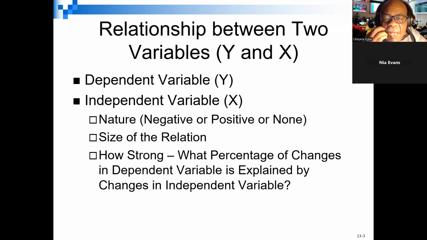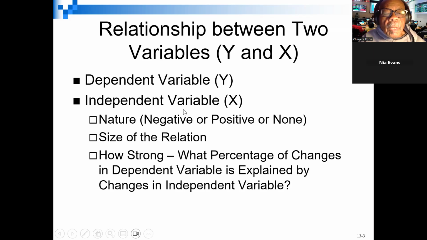You will see a negative relationship, because the longer the distance you travel, the less gasoline will be left in your vehicle. That's a negative relationship, because as the independent variable goes up, the value of the dependent variable goes down.